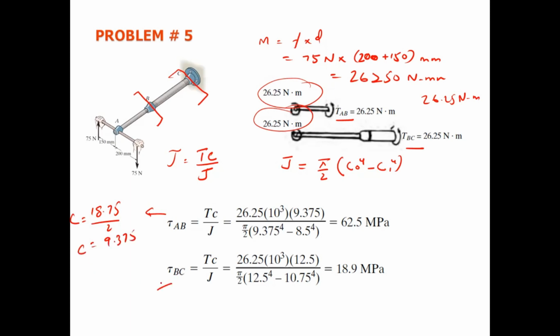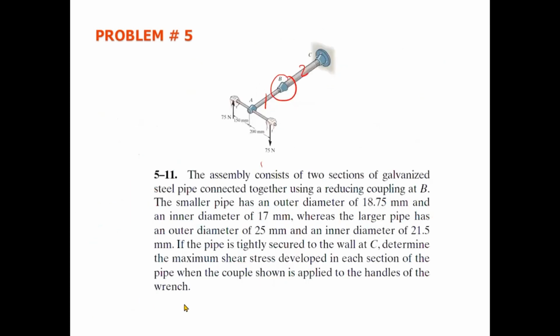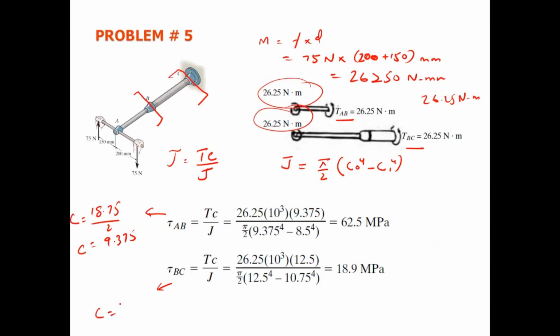And for this one, C will be how much? 25 outer diameter. So 25 divided by 2, it will be 12.5. This is the outer diameter, so we consider it as C. The internal diameter, we will put it here.